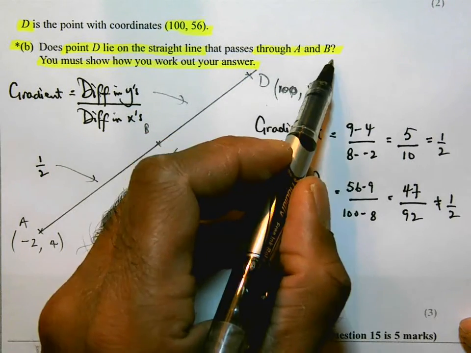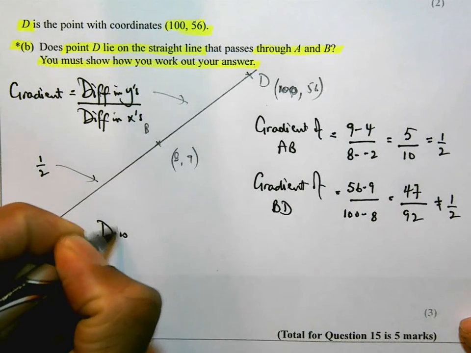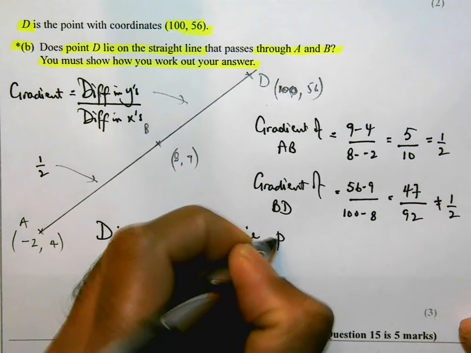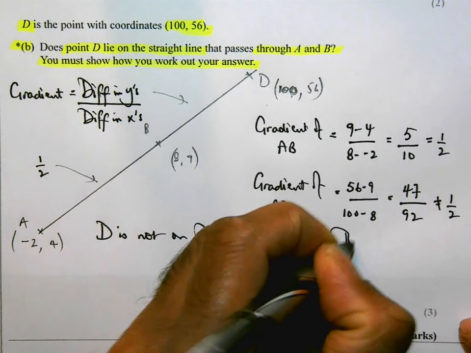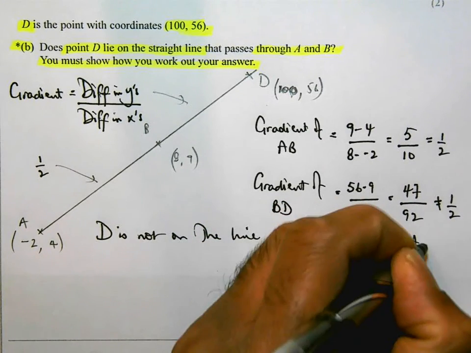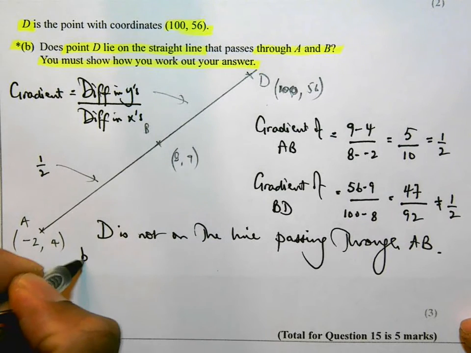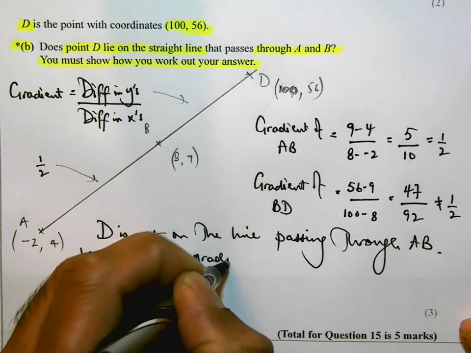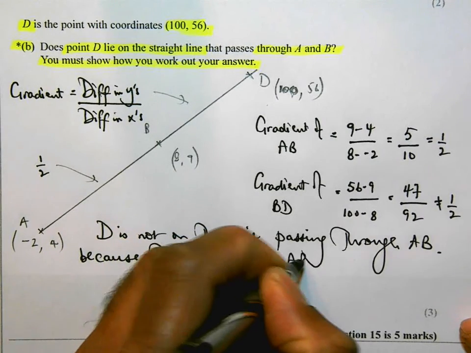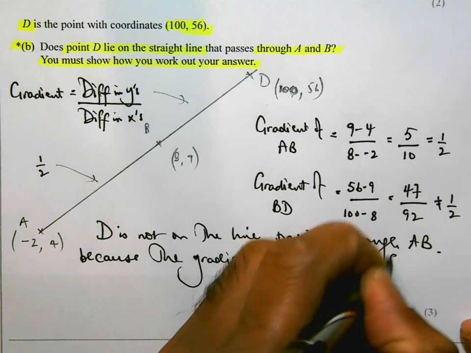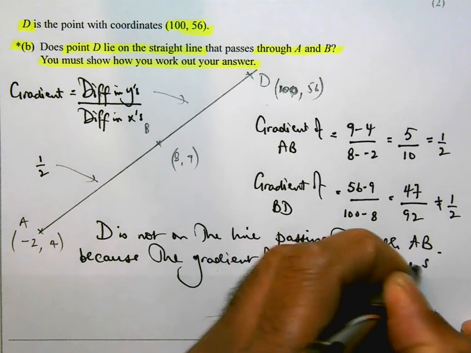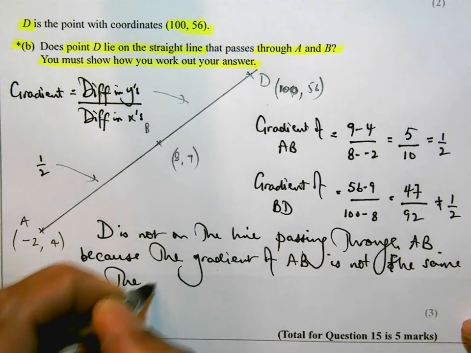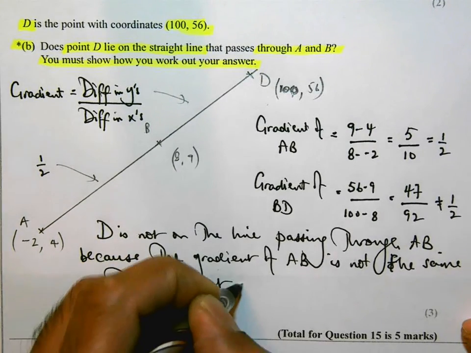So D is not on the line passing through A and B because the gradient of AB is not the same as the gradient of BD.